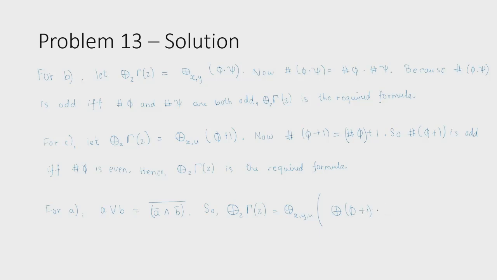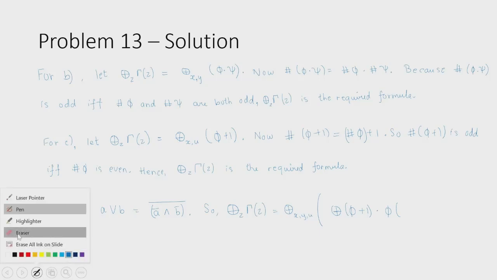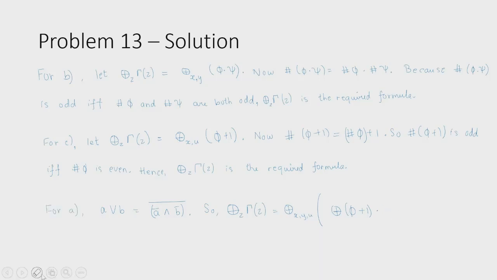Then we want to multiply this with the negation of parity_y psi(y), which as we saw over here is this. And now we want to take the negation of this all, so we just add 1. So this formula works.